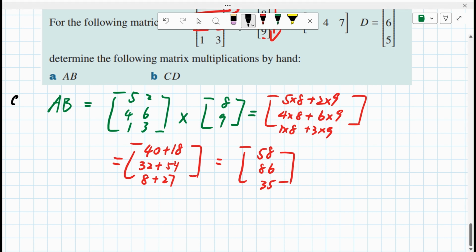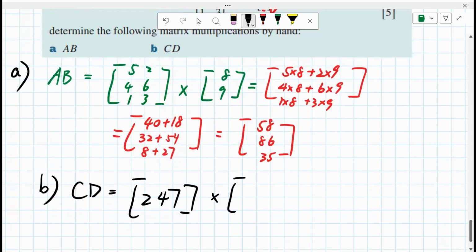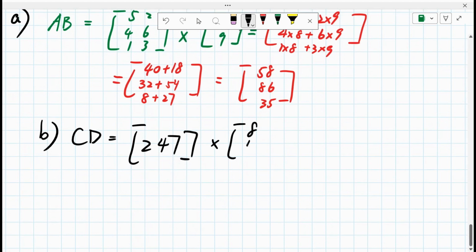Now we're going to do C and D, which is 2, 4, 7 multiplied by 8, 6, 5. Same idea. Because that's 1 by 3 times 3 by 1, the result is 1 by 1.